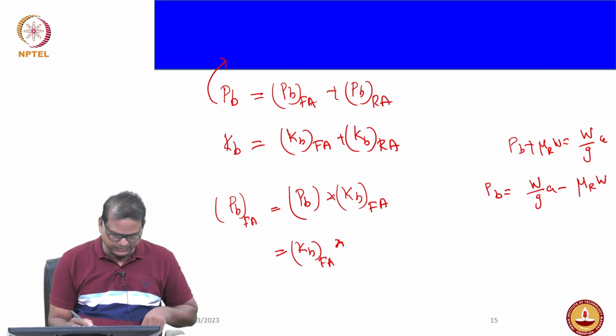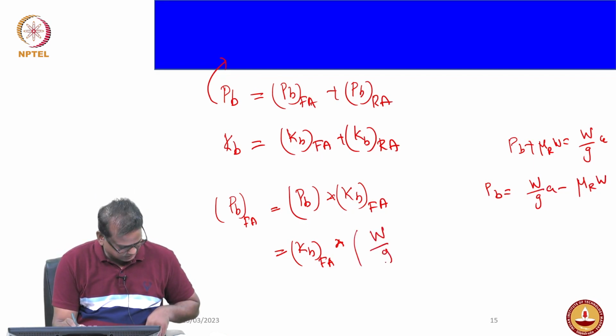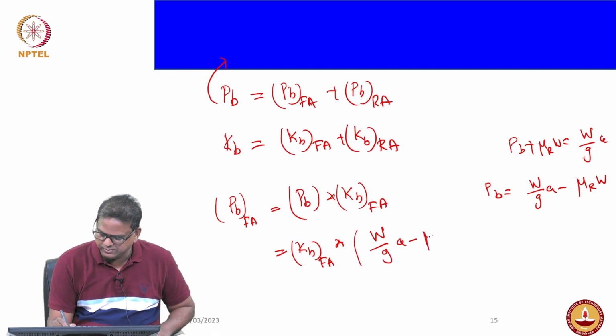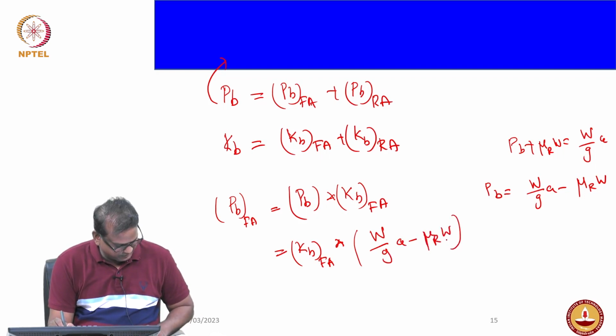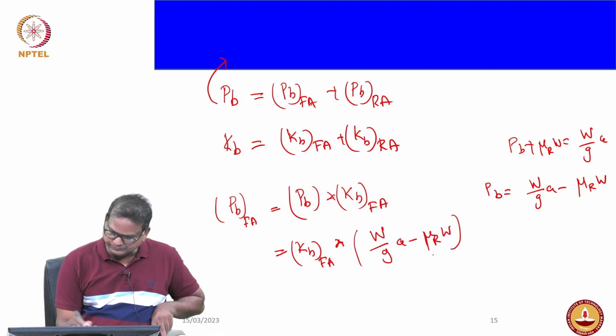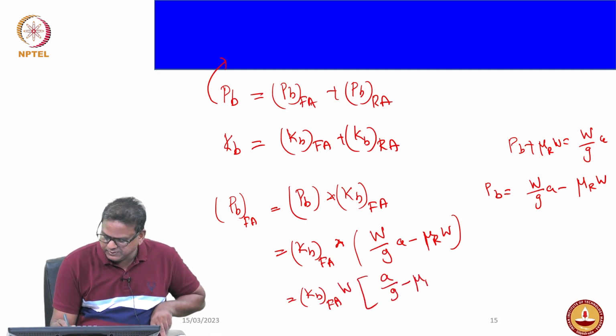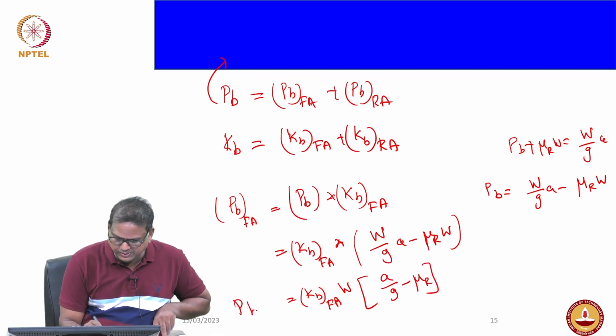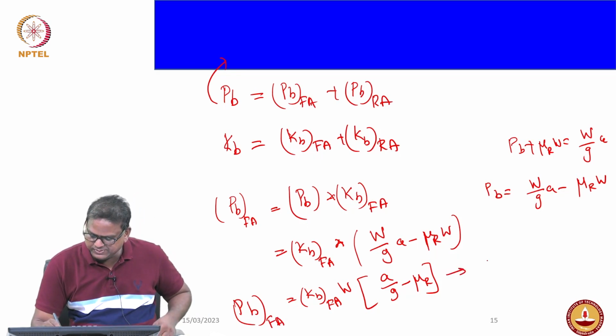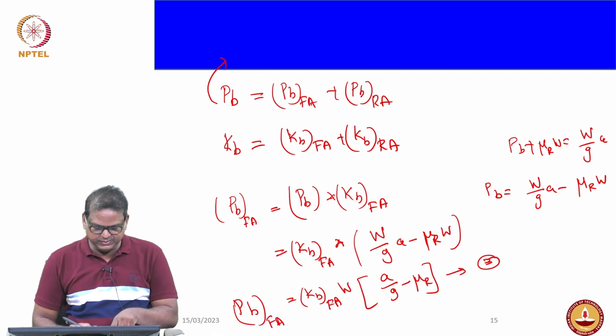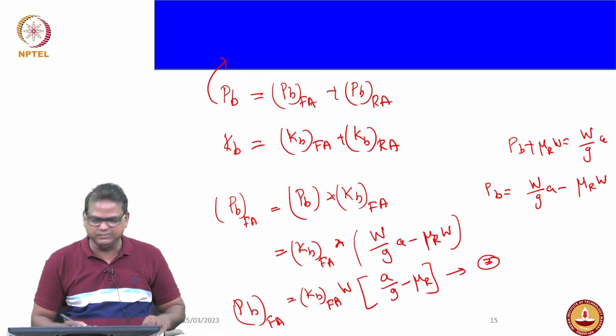So I am going to replace that. If I take the weight W separately, it's KB FA W, A by G minus mu R. This is your expression. So PB FA, we got it. We can take it as equation number 3. This is the braking force at the front axle.